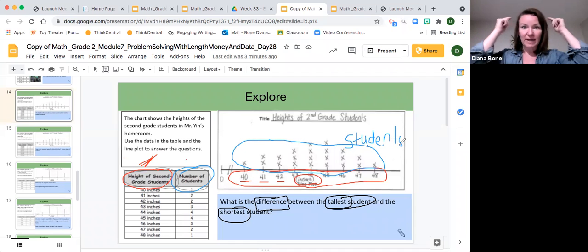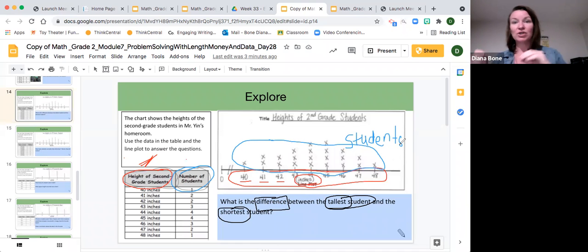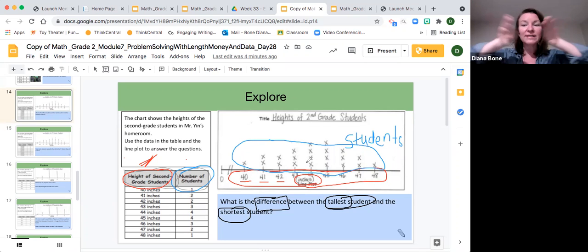So you have to ask yourself, when you're solving problems about line plots, is this question asking me something about the height, or something about the students? A really great way to help yourself understand that is to circle both the different pieces of information and label them yourself, so you're clear which is which.